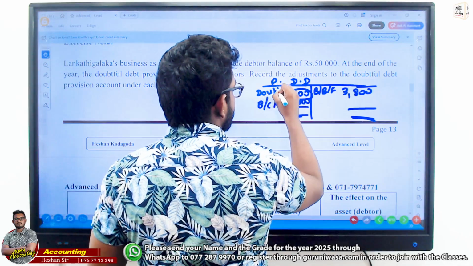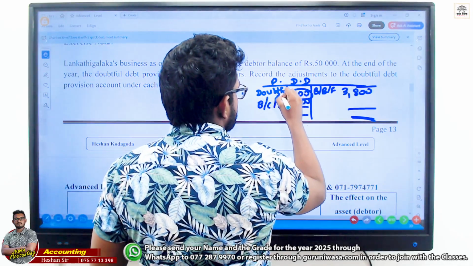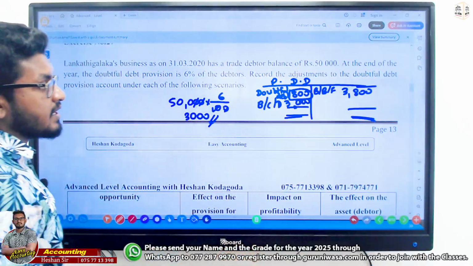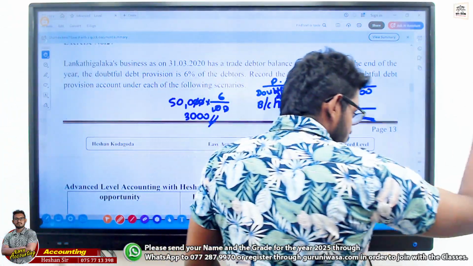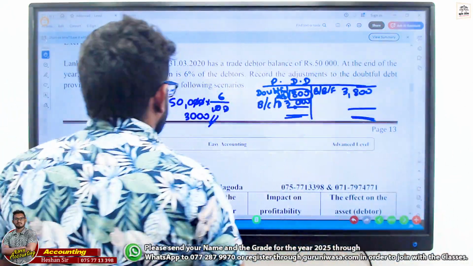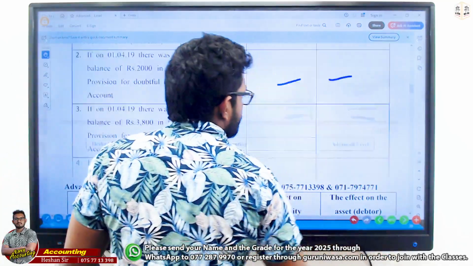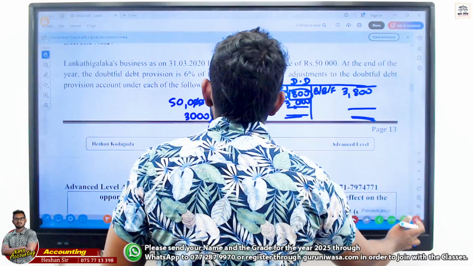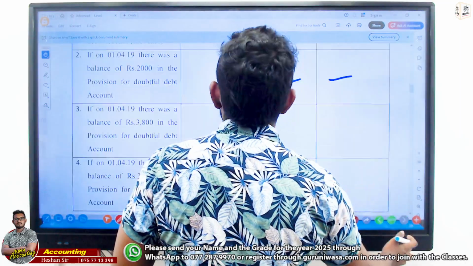Doubtful debt account goes to the credit side. Do you remember, the expense we put as minus. Doubtful debt credit means it goes to the credit side of the expense account. Right? So closing balance same, it's 3,000.